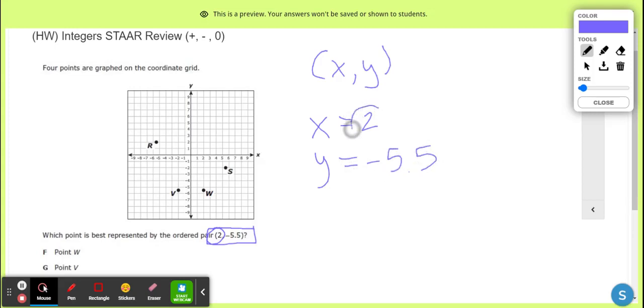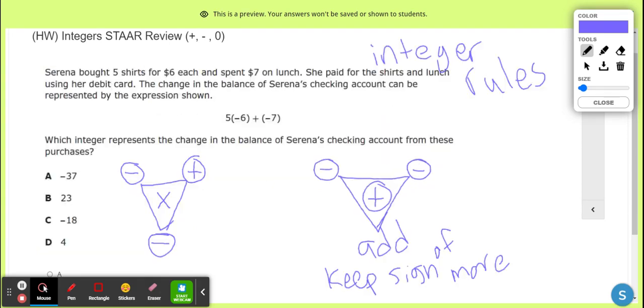Here's x, we're going to go 2, and then for y, we're going to go all the way down here to -5.5. So we're looking at x is +2, y is -5.